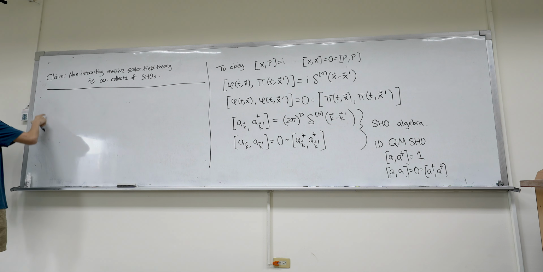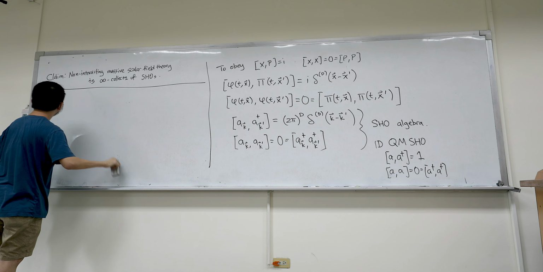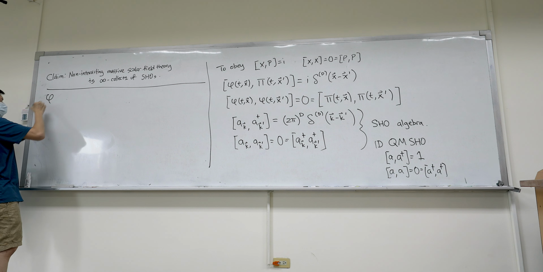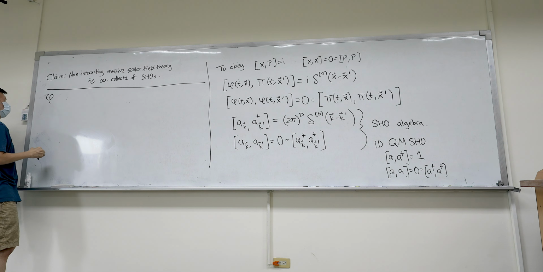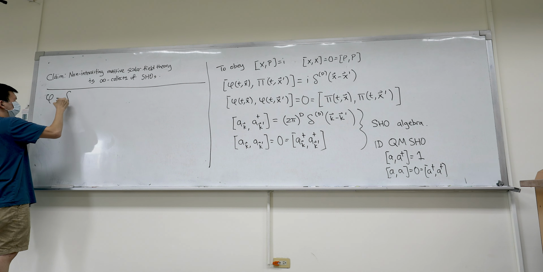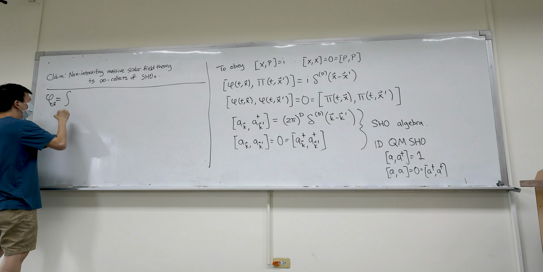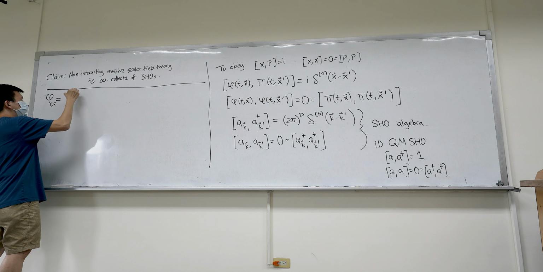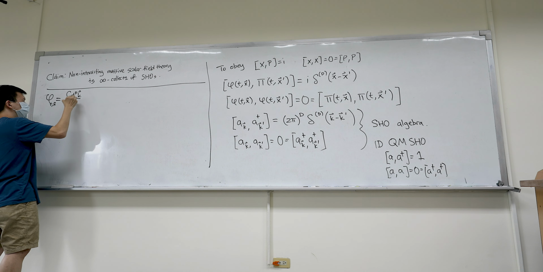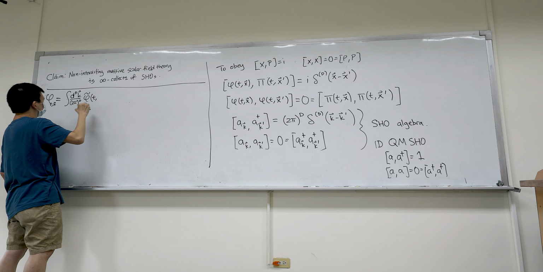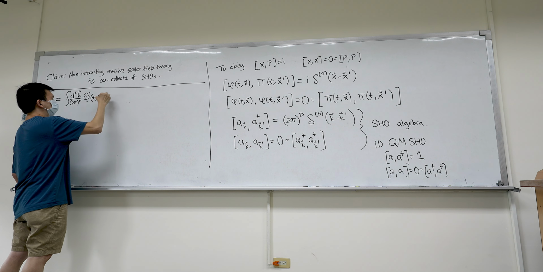Remember that I can always decompose my scalar field phi of t, x into momentum modes, so I can write this down as an integral over momenta of phi tilde of t, k, e to the i k dot x.